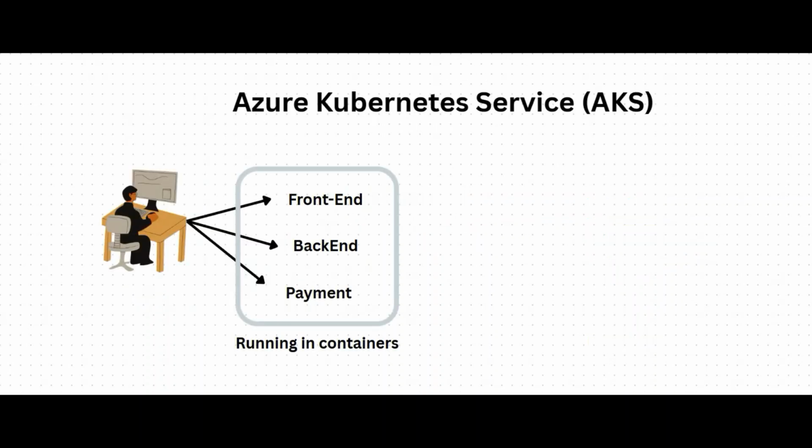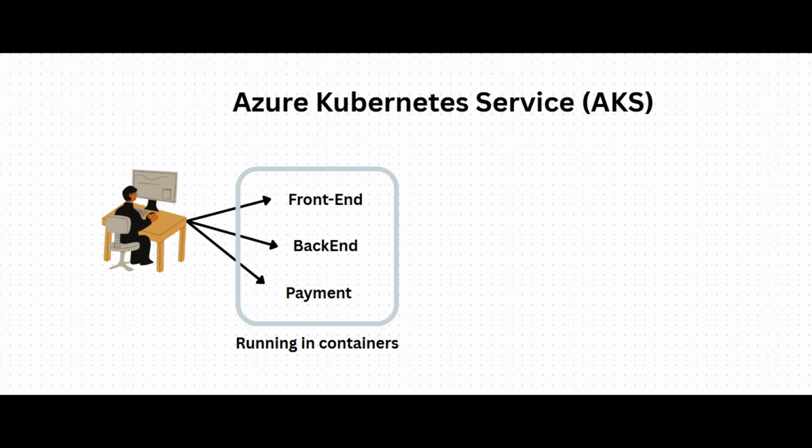Then next up, Azure Kubernetes Service. Azure Kubernetes Service is a managed Kubernetes platform that allows you to orchestrate and manage containerized applications. Kubernetes helps you to deploy, scale, and maintain complex apps made up of multiple containers. So imagine you have a complex app with different microservices like a front-end in React, back-end in Node.js, and a payment service in Python.